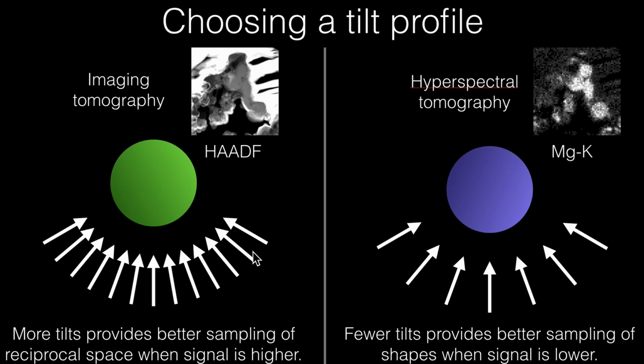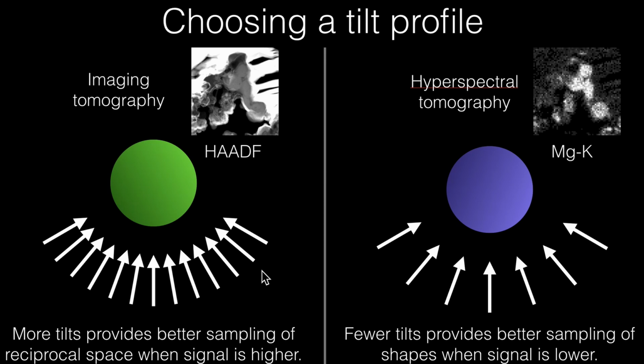So if you can get hundreds of images from all 360 degrees around a sample, that's the best. When you're doing EDS tomography, that's not the best. The reason is that you are limited in how many counts you can get out of a sample before your electron beam alters the sample.